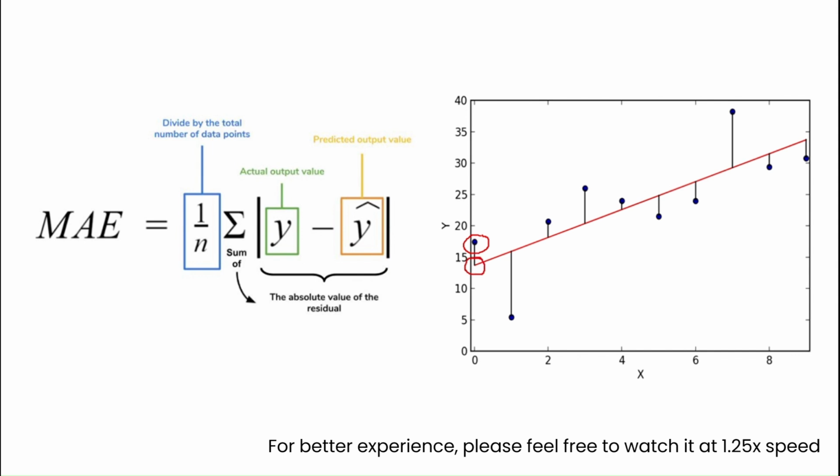So y minus y cap will give us this dark blue line here. Similarly, for this data point, y cap is higher than the actual data point, so here we will have a negative error, and that's why we use the modulus here to turn it into positive. So we find the error for all of these data points, and then we find the average of that, that is the mean absolute error.